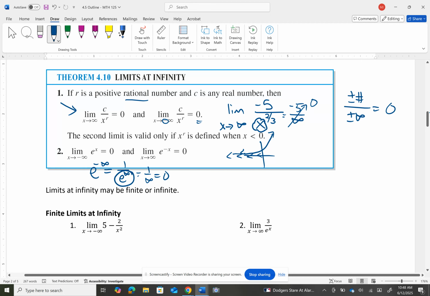So those are two ways to kind of ponder why that turns out to be 0 when you're finished. All right, and then this one, same deal. If you wind up having an e to the negative x and x is infinity, for the same reason as we just talked about, that would wind up equaling 0.